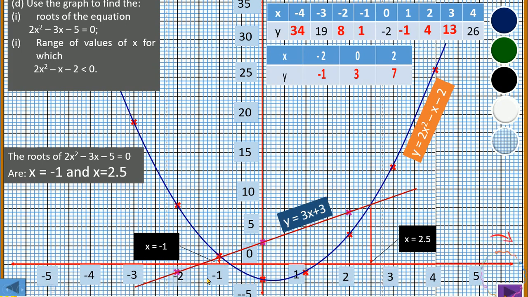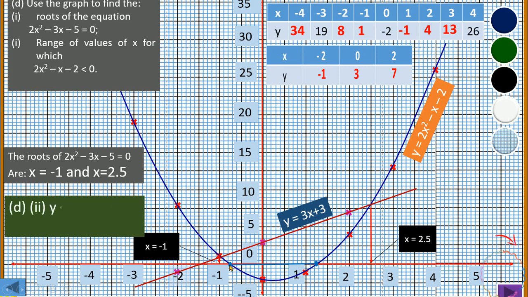So therefore, the values of x for which y is less than 0 is where the blue quadratic curve crosses the x-axis at this point and then extends to this point. So now we're going to find that value. Looking at this, this is 0 here, this is 0.5, 0.6, 0.7, this is 0.75, minus 0.75, and this is 1, 1.1, 1.2, and 1.25.